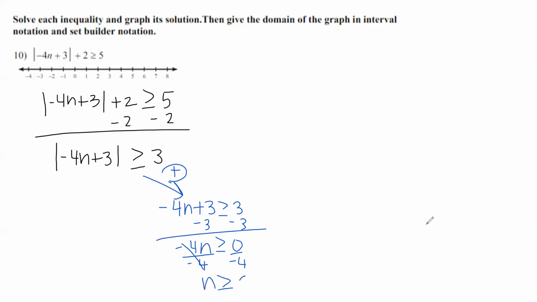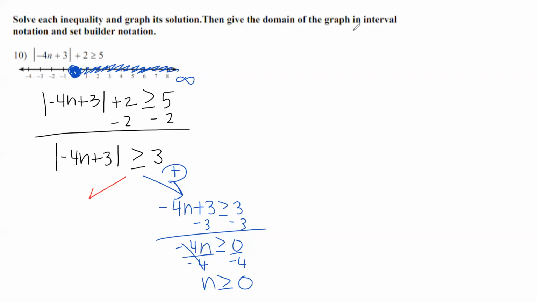We end up with n is greater than or equal to 0. So on my number line, we'll find 0. Greater than or equal to means not only do I have a circle, but it is closed. Numbers greater than or equal to 0 are numbers like 5, so I'm going to shade in this direction all the way till +infinity.